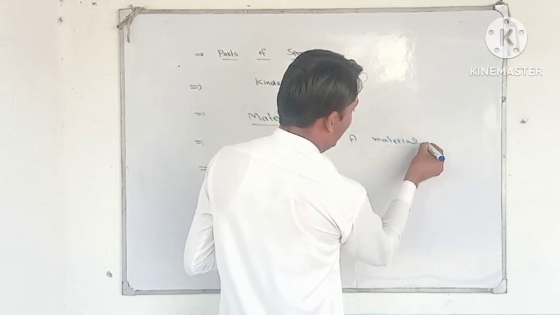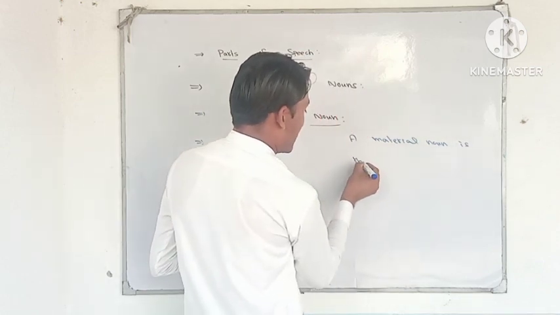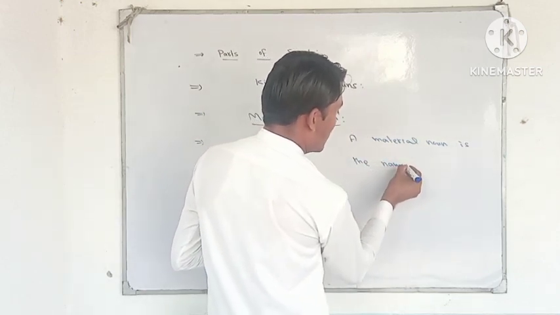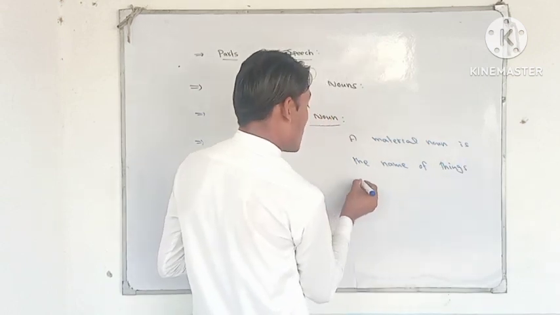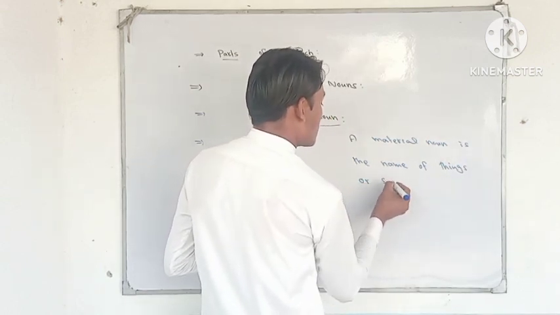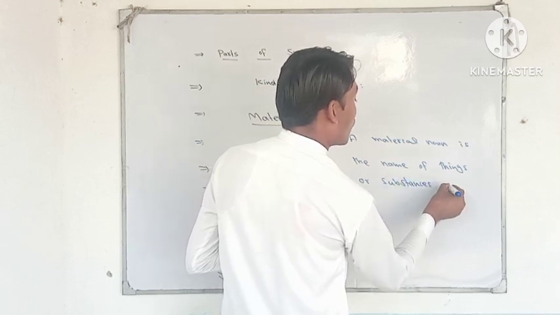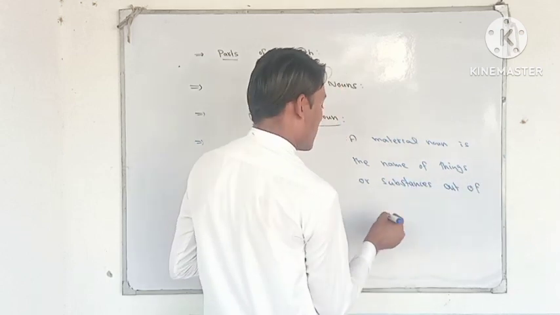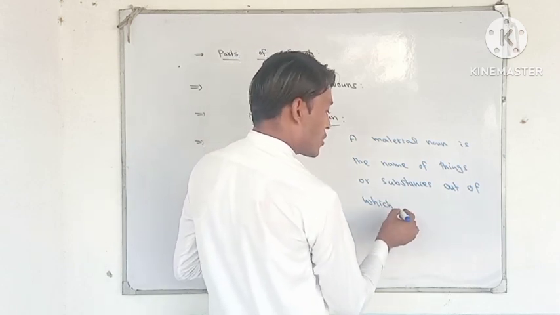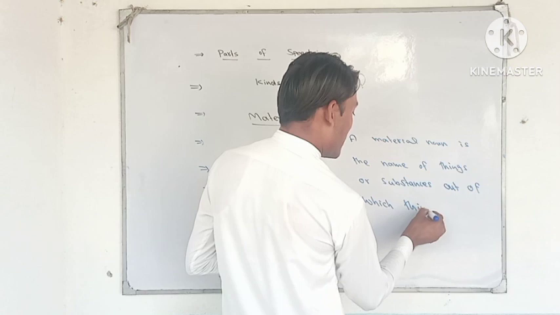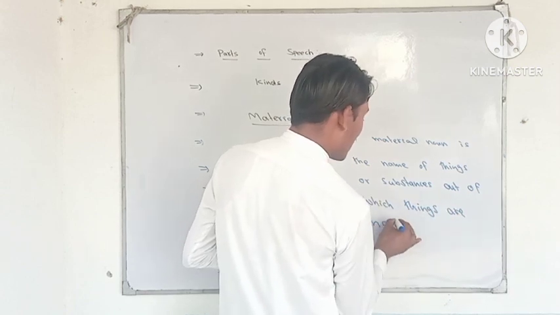A material noun is the name of a thing or substance out of which things are made.